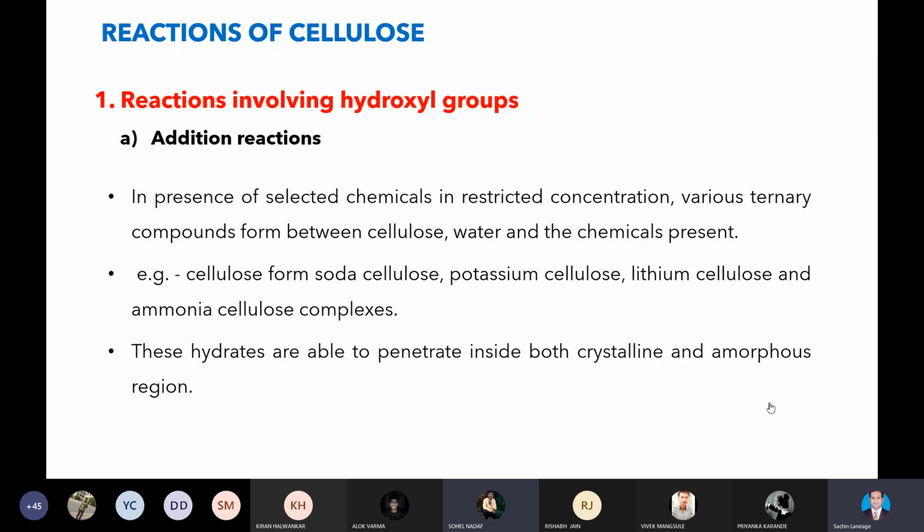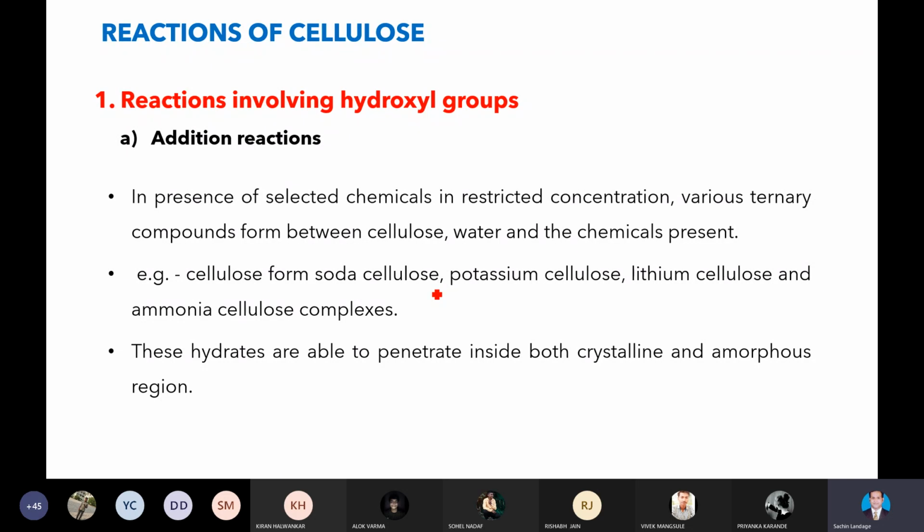Exactly. See, sodium salts are easily water soluble. Second, they are highly reactive in nature. That's why we are converting into the sodium salt. Similarly over here, we are converting the cellulose to soda cellulose, so that further reactions during the manufacturing, that is xanthation, can be performed. There you carry out the treatment with carbon disulfide.